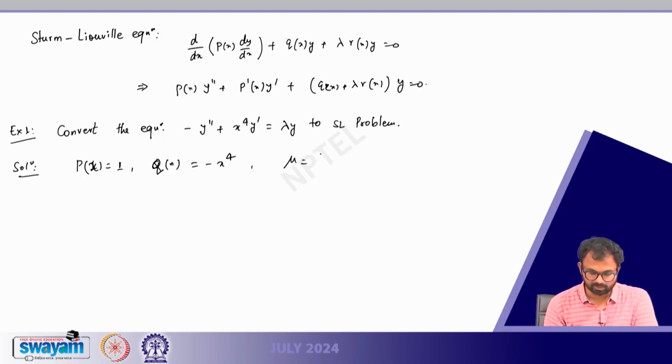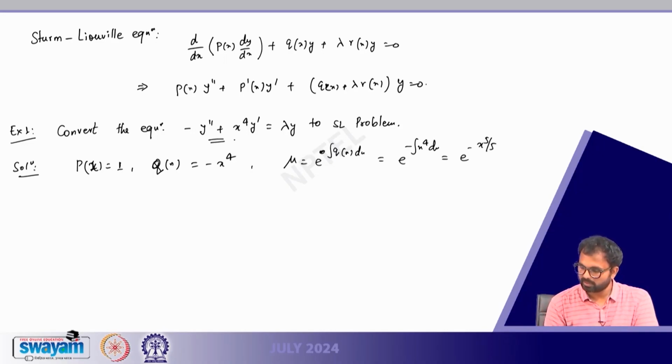So as we are trying to put it into that d of something, we are basically looking for an integrating factor. So I will write mu is equals to e to the power minus of integral of x to the power 4 dx. So this will become e to the power minus of x to the power 5 by 5.